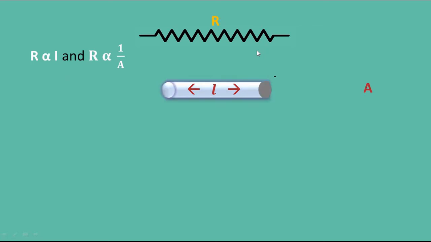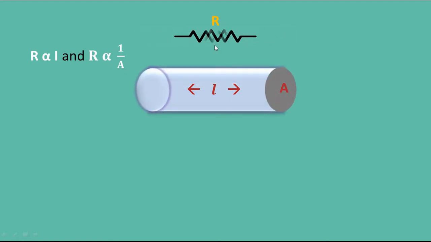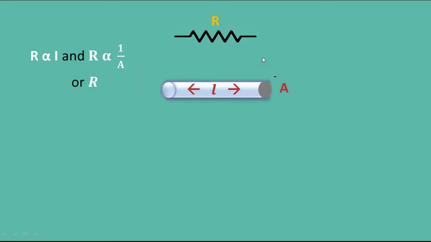And again, as the cross-sectional area increases, the resistance of the conductor decreases. Or we can write simply R is proportional to L upon A.